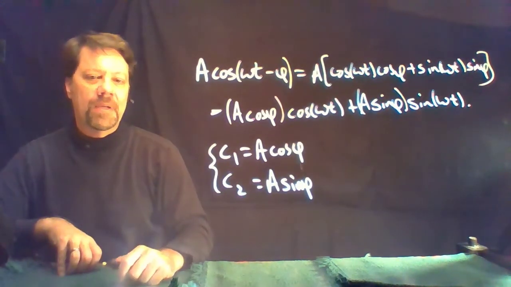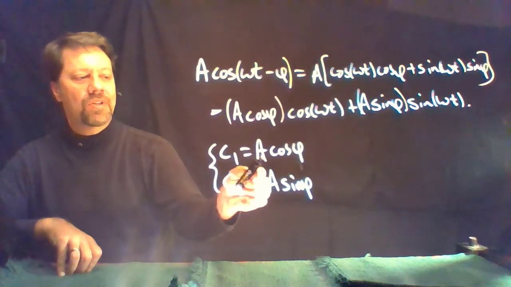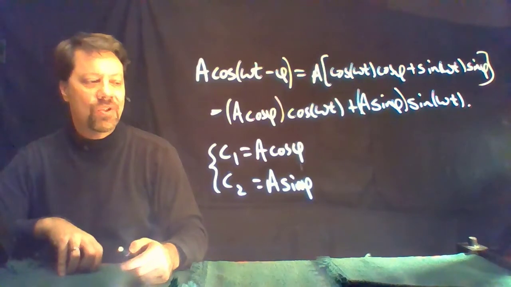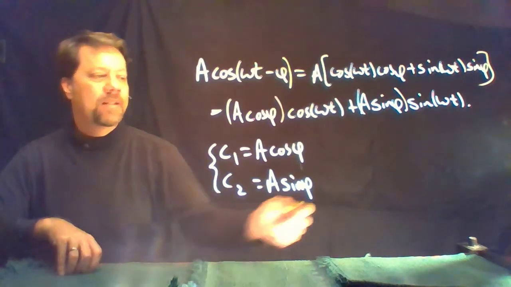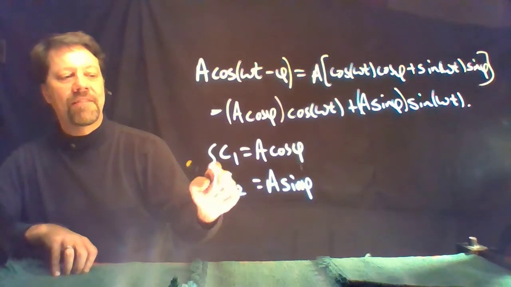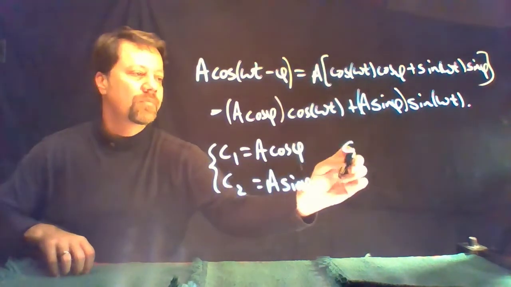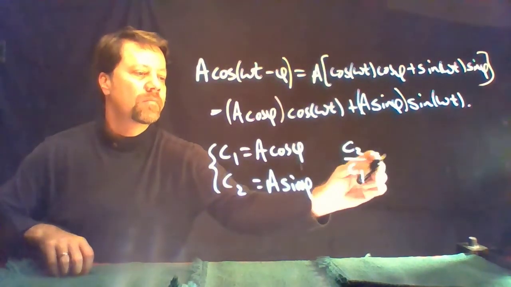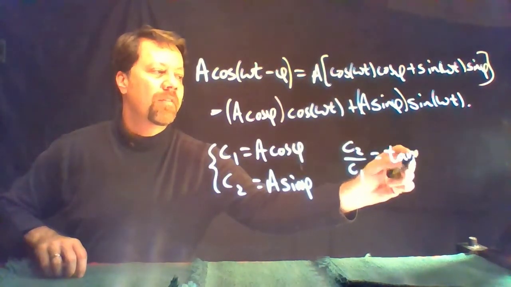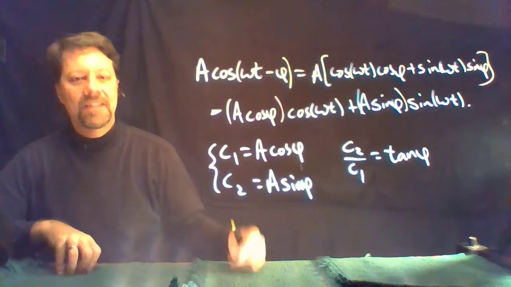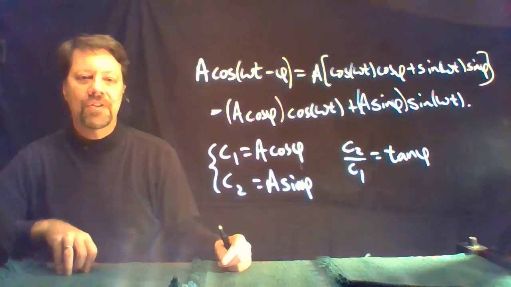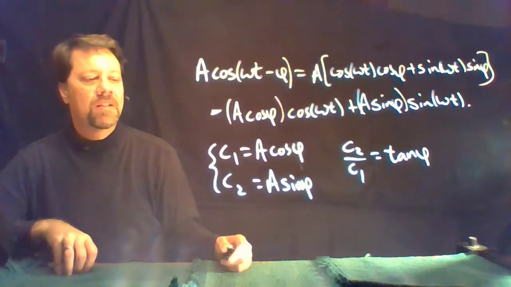To prove the lemma, we need to show how we can construct A and phi from C1 and C2. So we solve for them as follows. In particular, if we take C2 and divide it by C1, the A's will cancel and we'll end up with the tangent of phi. By taking an inverse tangent, we can now find phi as a function of C2 and C1.